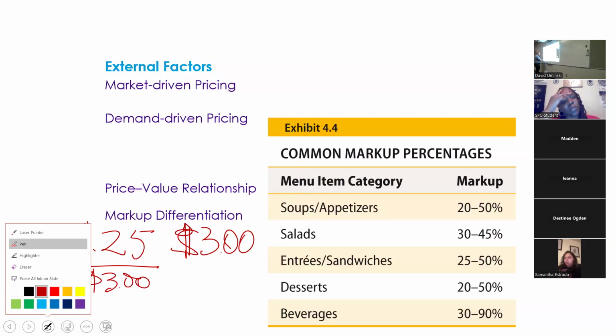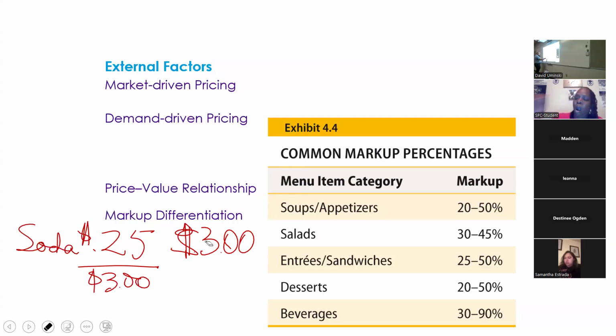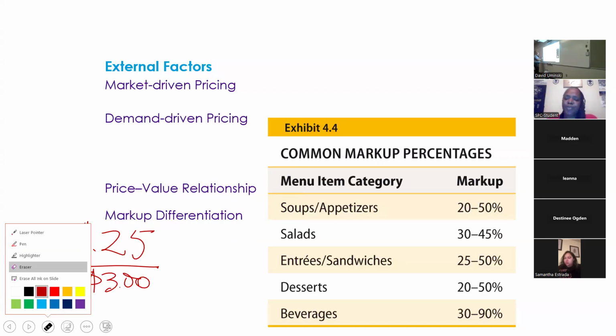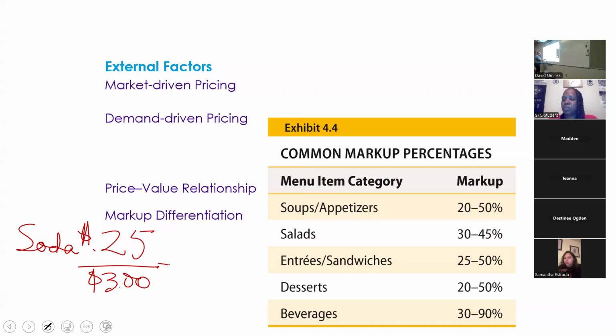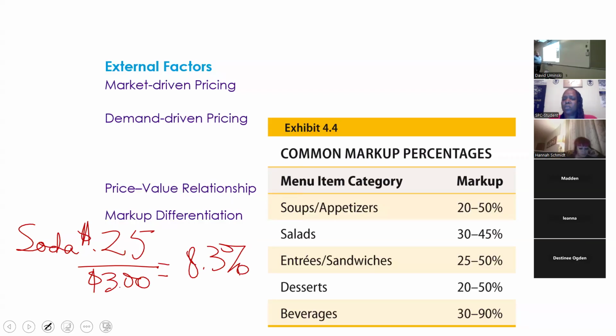And what is my beverage percentage? You can use a calculator if you need to. 8.33%. Okay, so 8.3% for a beverage. Remember what I said? Low cost, typically low percentage.